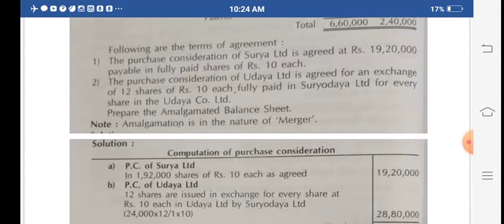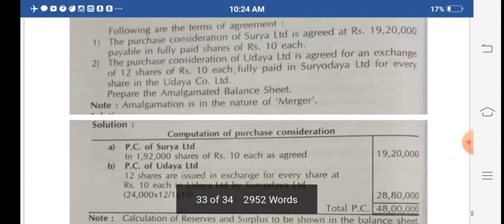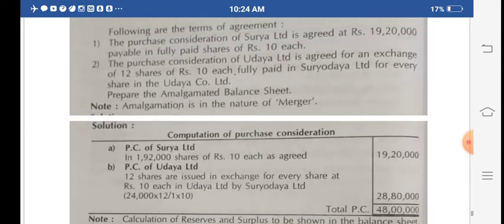For Surya Limited the lump sum amount is 19 lakh 20,000, or you can convert it into shares: 1 lakh 92,000 shares of rupees 10 each as agreed. For Uday Limited, 12 shares are issued in exchange for every share by Suryodaya Limited.